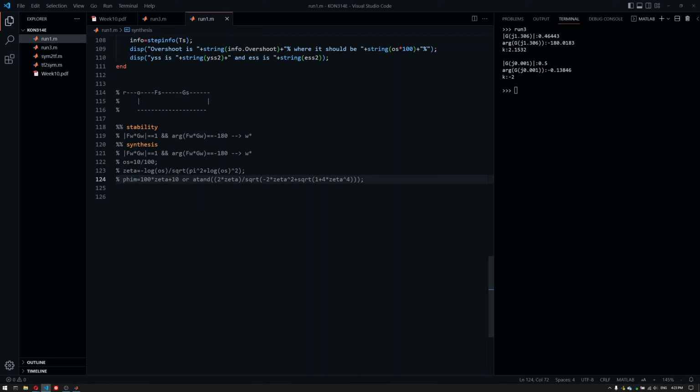Then you're looking at plus phi m. So that's basically it. For synthesis, you're going to set it to a safer value than minus 180 degrees, because this is the stability bound. You should be on the left of the stability bound somewhere.